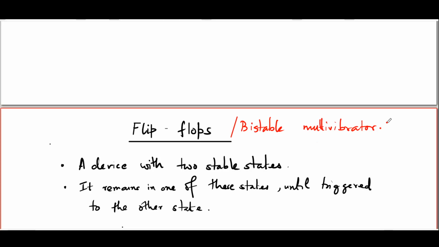And once it goes to the other state, usually it stays there. That's exactly what bistable means. And the state in which the flip-flop is remembers what input was given in the past. That is why flip-flops form the basic building block of computer memories.